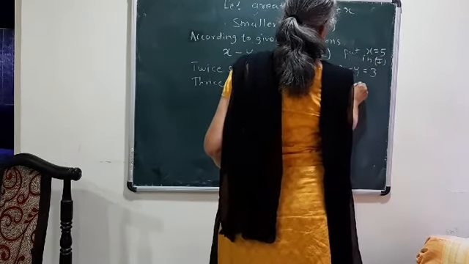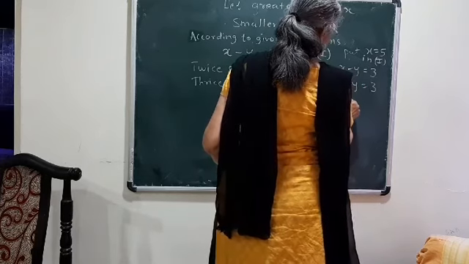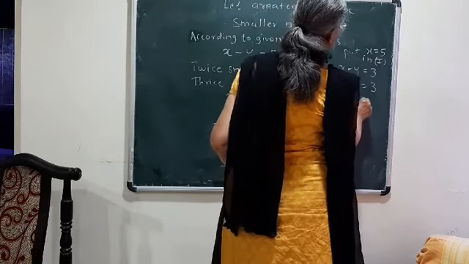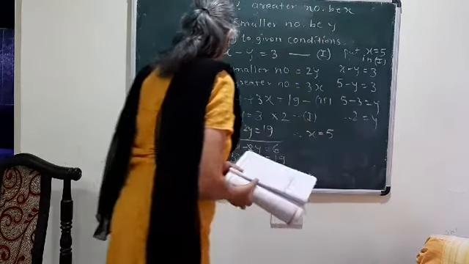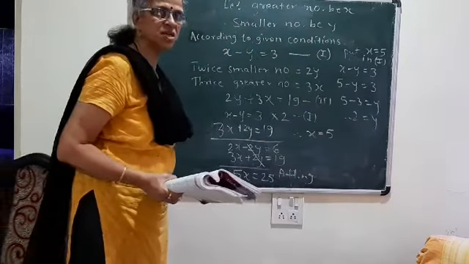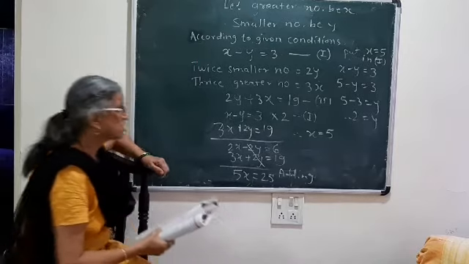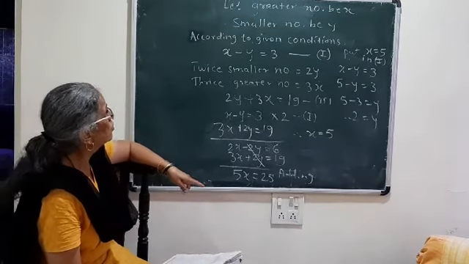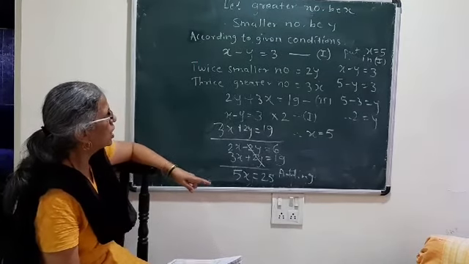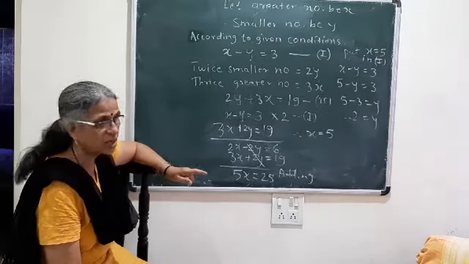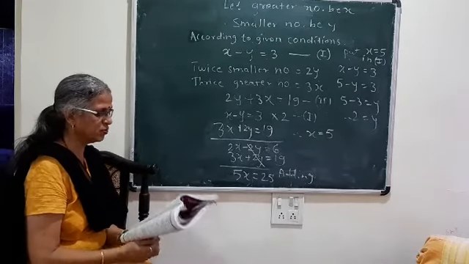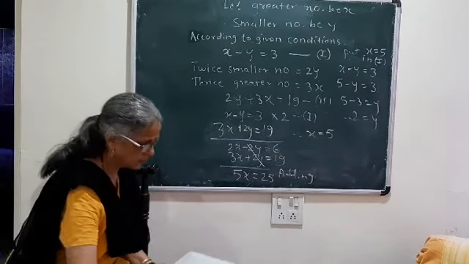So 5 minus y equal to 3. So 5 minus 3 equal to y, 2 equal to y. For a statement sum you should write the answer in a statement. So at last you have to write, therefore the greater number is 5 and the smaller number is 2. Followed? That is how you solve the first sum, which is very easy.